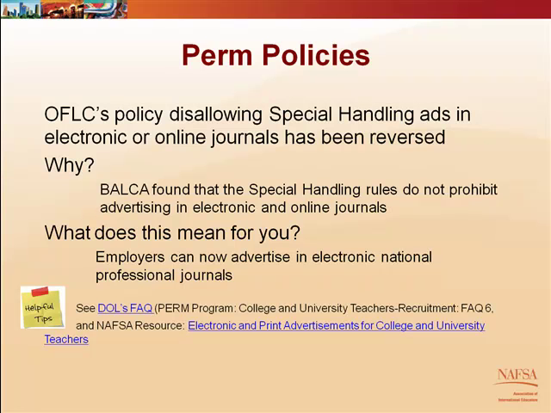The practical question faced by employers now is what constitutes an electronic national professional journal? NAFSA has a resource entitled Electronic and Print Advertisements for College and University Teachers to help with answering this question.